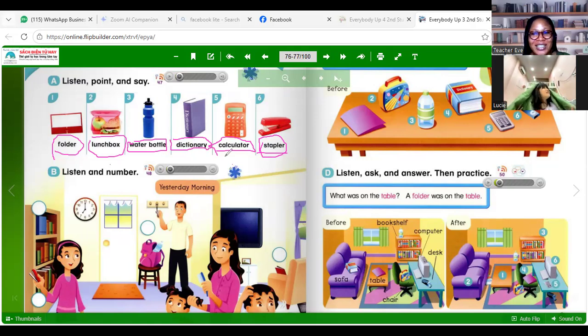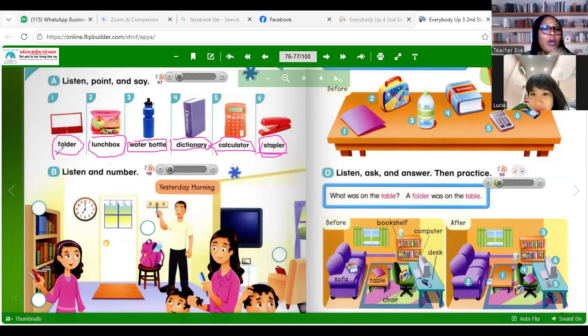Dictionary. Good. Number 5, calculator. Good. Okay. Number 6. Stapler. Good. So this last one, I want you to pronounce it very well, okay? Folder, lunchbox, water bottle, dictionary, calculator, stapler.